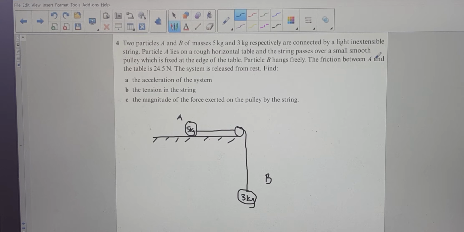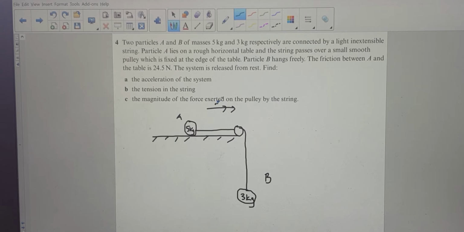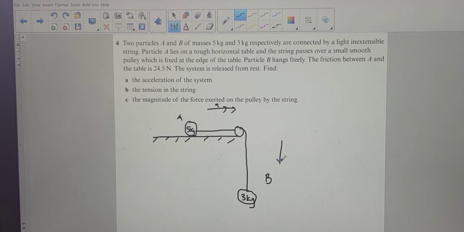The friction between A and the table is 24.5. When this system is released from rest, it doesn't matter really that this particle is heavier than this particle because this is being pulled down by gravity. It means that the system is going to move along this way and move down this way.